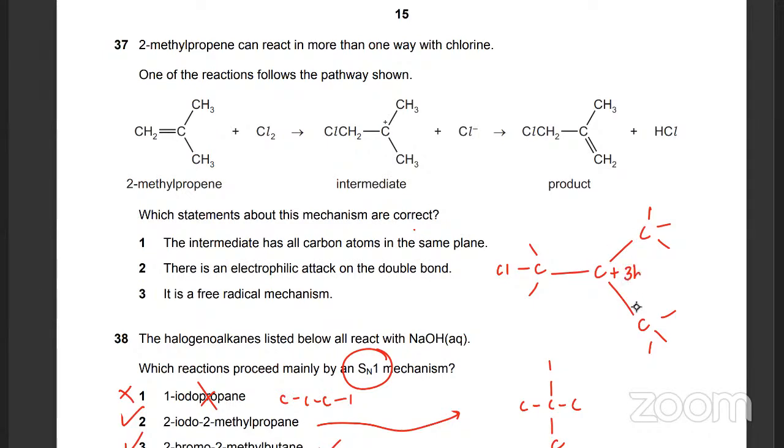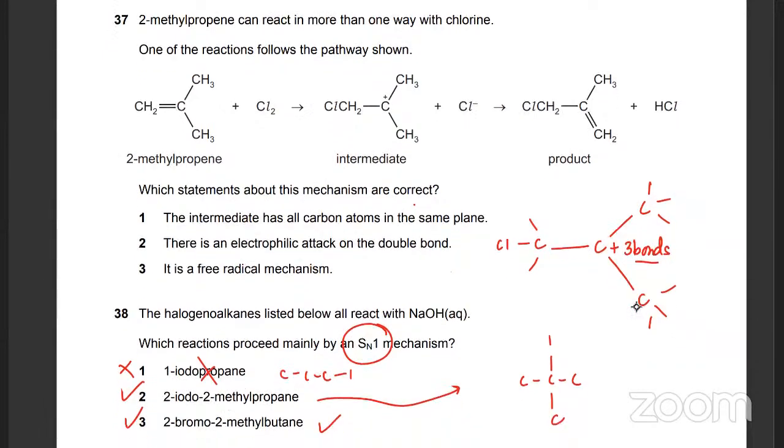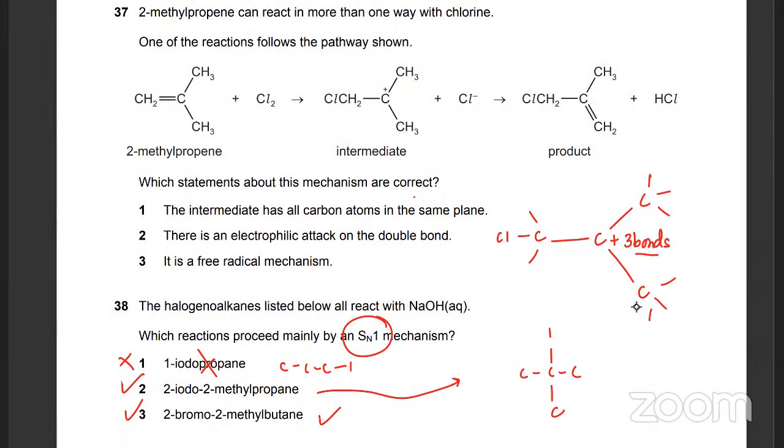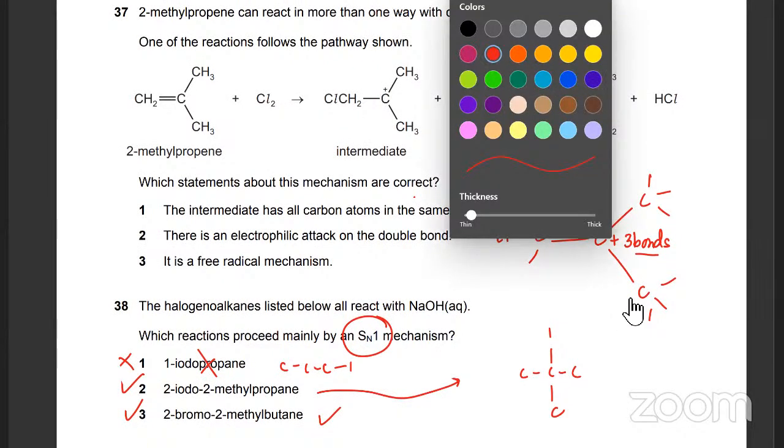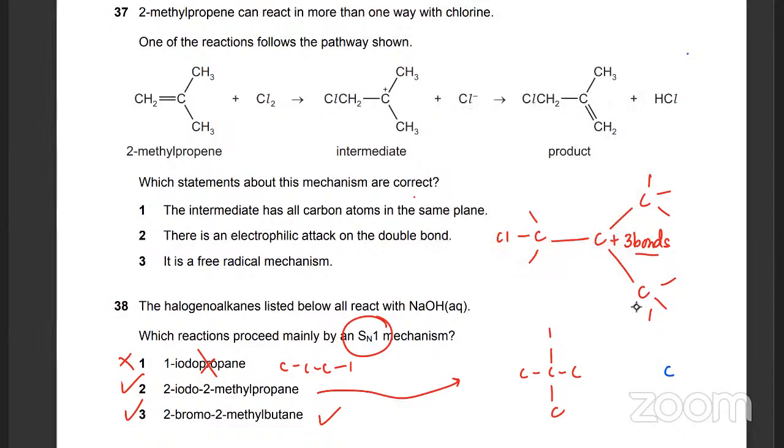The middle one, right? So when something has 3 bonds, what is the shape? It's trigonal planar. When anything has only 3 bonds, because remember there's nothing else, the +1 charge indicates that the 4th electron is lost.